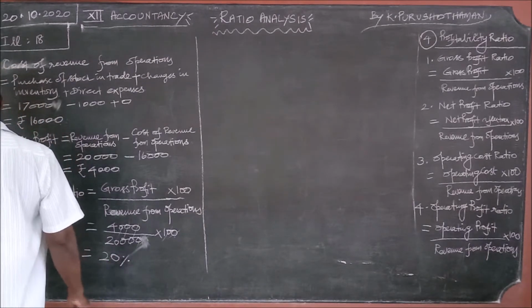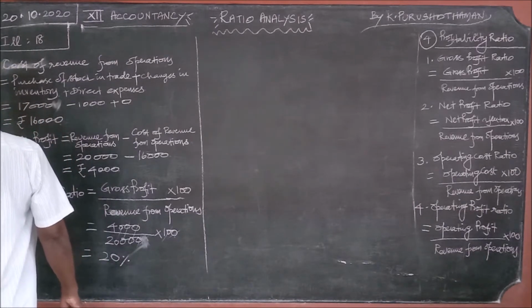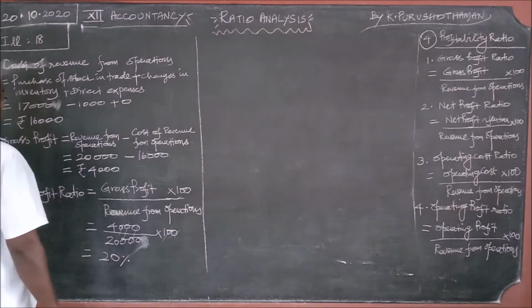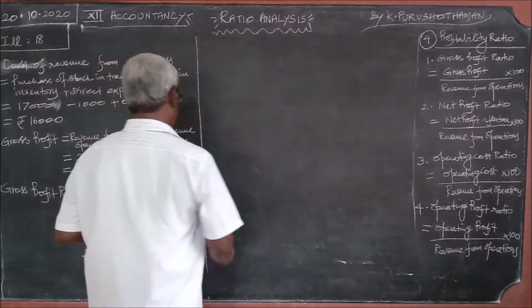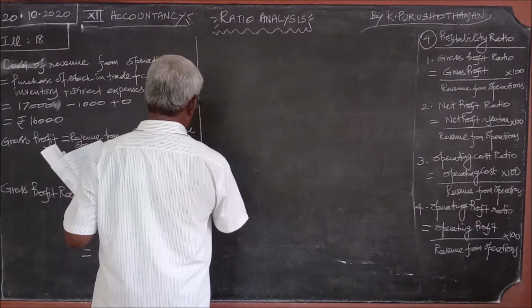20% is the gross profit ratio. Once again, I shall repeat. Then, net profit ratio.